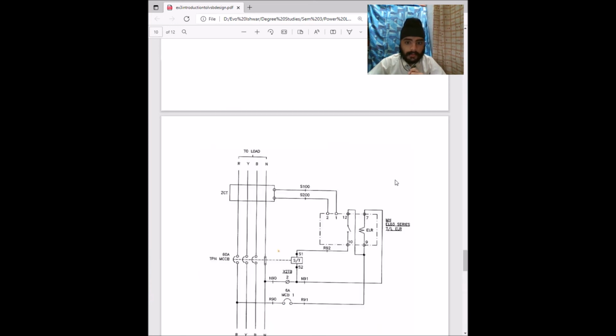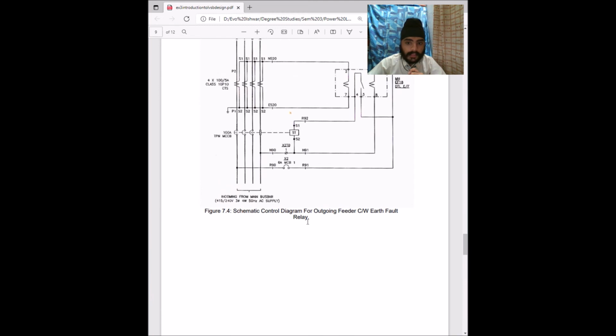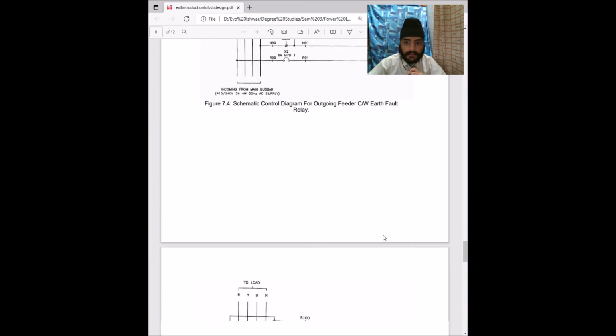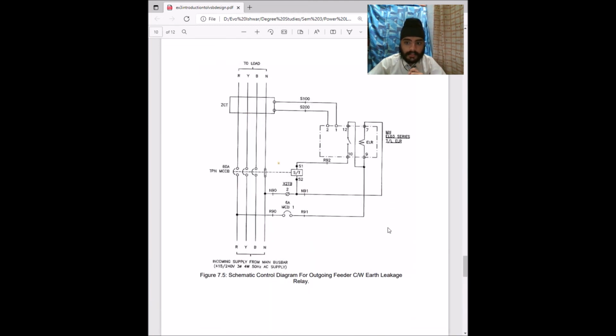In figure 7.4 we saw the schematic was of earth fault current, and this one is the earth leakage relay. The earth fault relay can work only when the earth fault current flows through the earthing or grounding conductor, but the earth leakage relay can work for both, for earth leakage current flowing from anywhere in the electrical circuit.